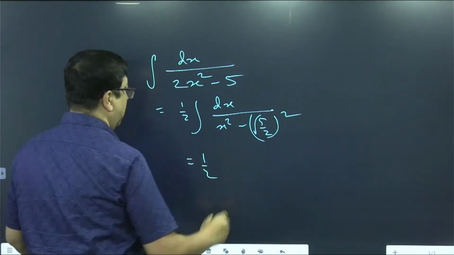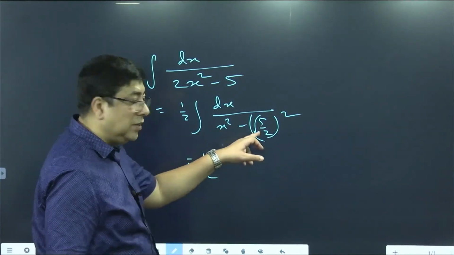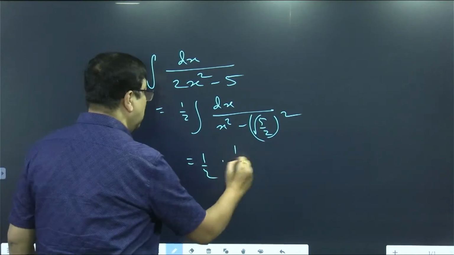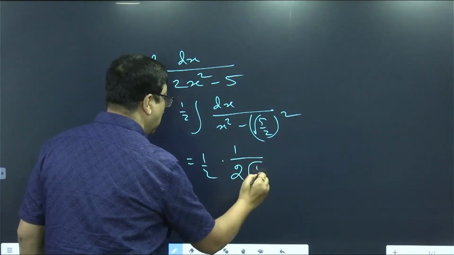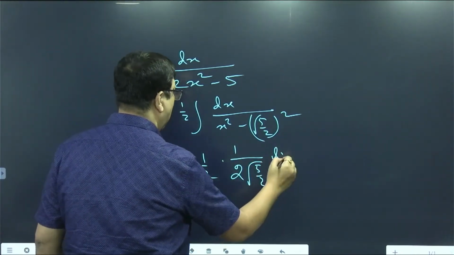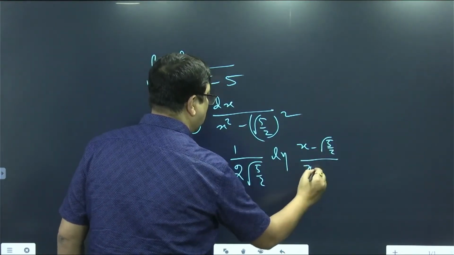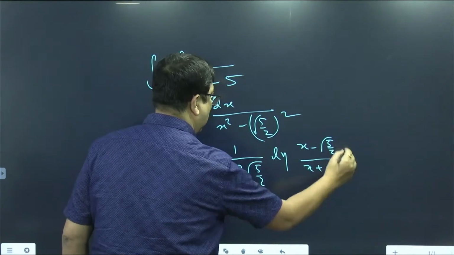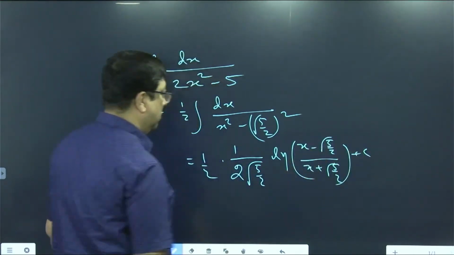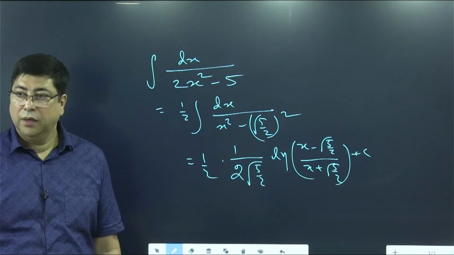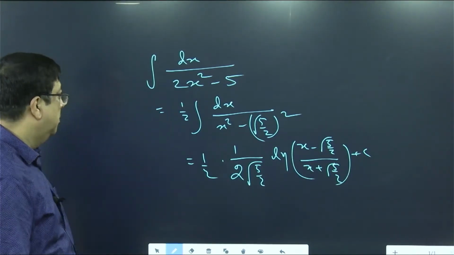Therefore, half, x square minus a square, it is formula number 2. So, 1 by 2a, where a is a constant number, log of (x minus a) by (x plus a) plus c.